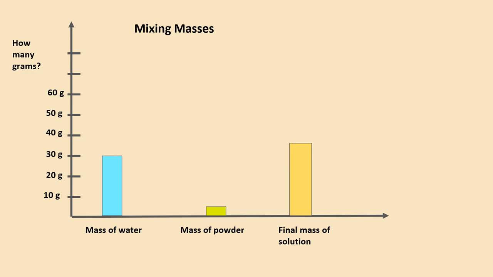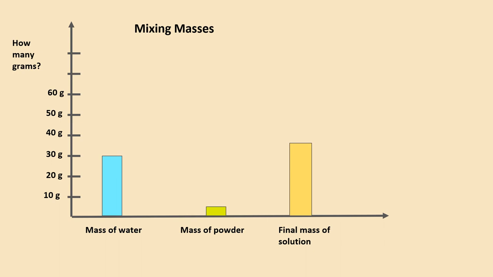So we would like students to see, this is an example of one team's information graph. So if you can see this bar on the very left side, it is the blue bar. 30 grams of water was mixed into about 5 grams of powder, which resulted in about, if you follow across that yellow bar all the way to the left side of our graph, about 35 grams of solution.